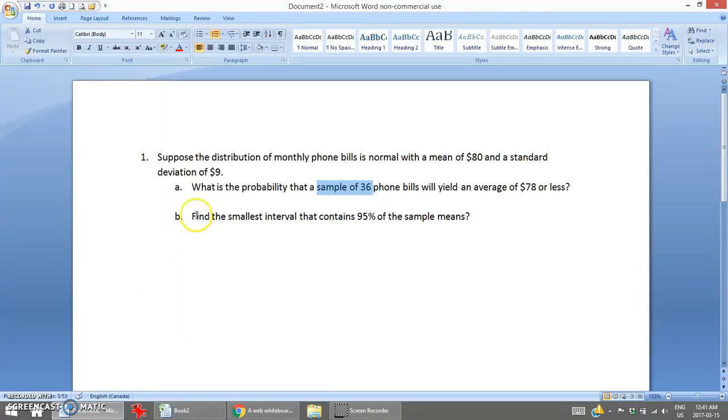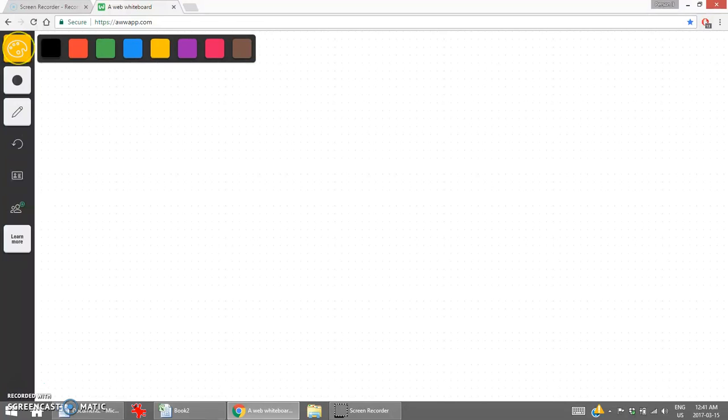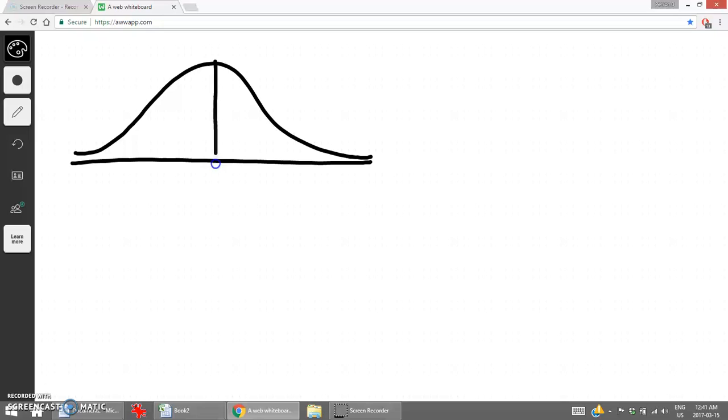The second part of this question is we want to find the smallest interval that contains 95% of the sample means. So we're going to erase this. We're going to draw out the normal distribution with an average of 80.